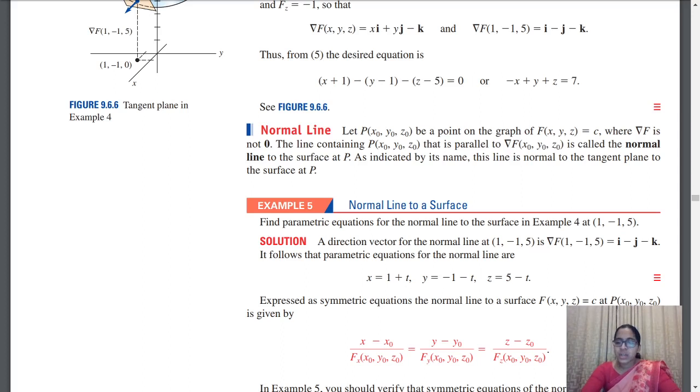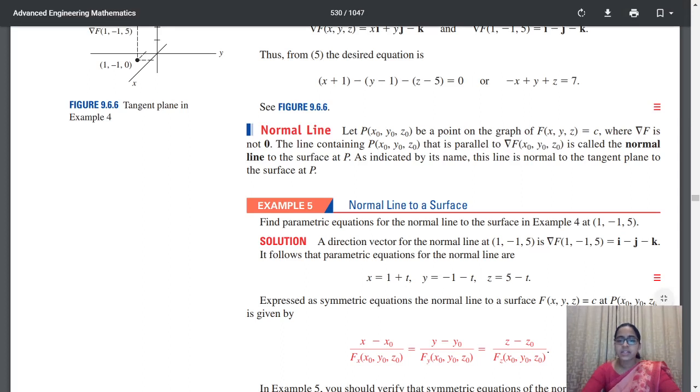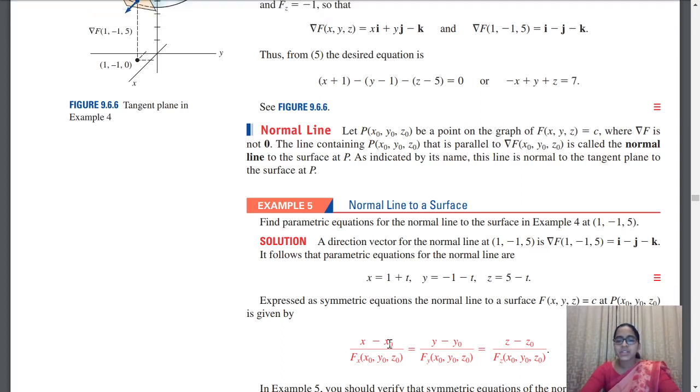Next we are given a symmetric equation for the normal line also. Sometimes we will be asked to find the parametric equation, or sometimes the symmetric equation. The symmetric equation of the normal line to a surface f(x, y, z) = c at a given point is given by (x - x0)/fx(x0, y0, z0) = (y - y0)/fy(x0, y0, z0) = (z - z0)/fz(x0, y0, z0).